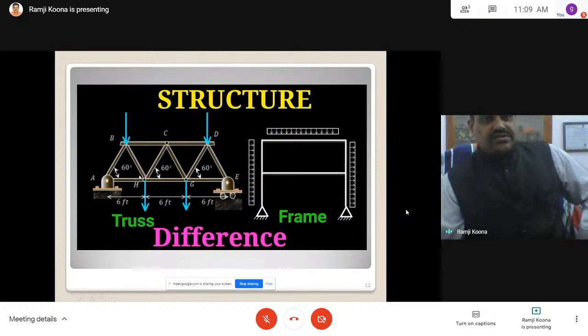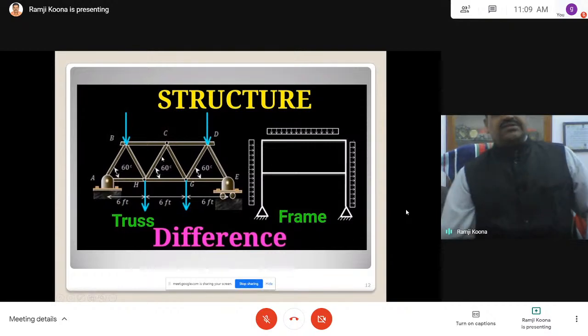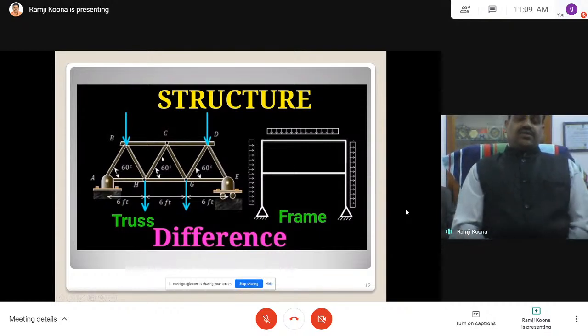Like that, with orientation, you can consider the same bar as a truss member. If you are considering this, it is 60 degrees orientation. Going counterclockwise again, it is 180 plus 60, 240 with respect to horizontal. Like that, with reference to a point, the orientation changes. If you consider that, it is a truss. Otherwise, if it is only along x, y, z, it is a bar.